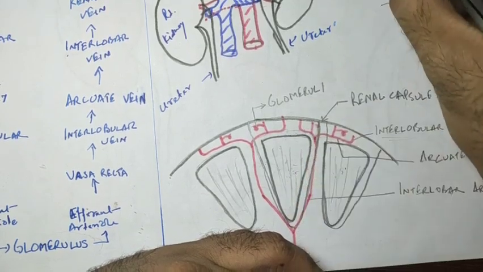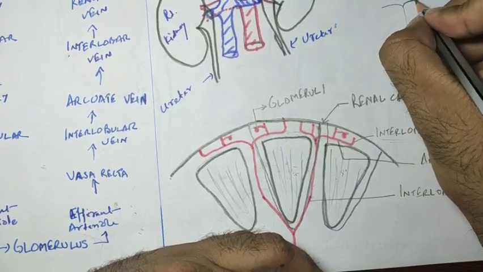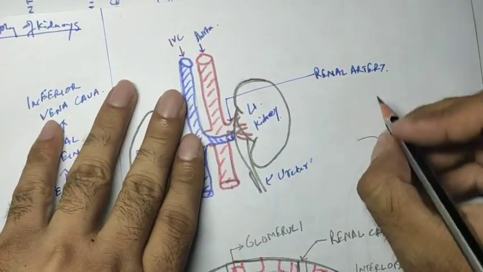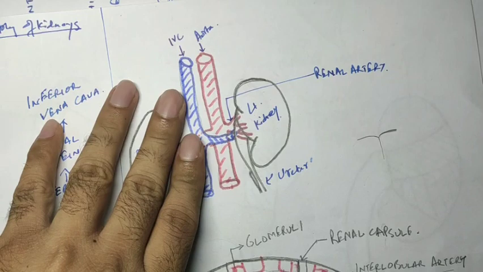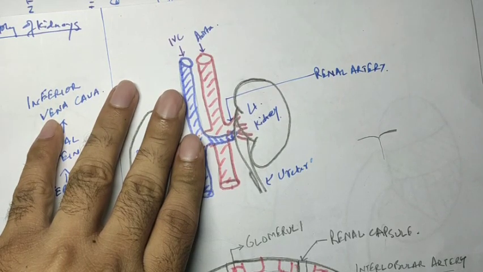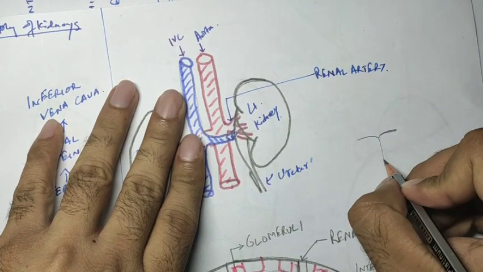So the arcuate artery is going like this. Let me just refocus a little bit. Okay, hopefully this will be visible to you.